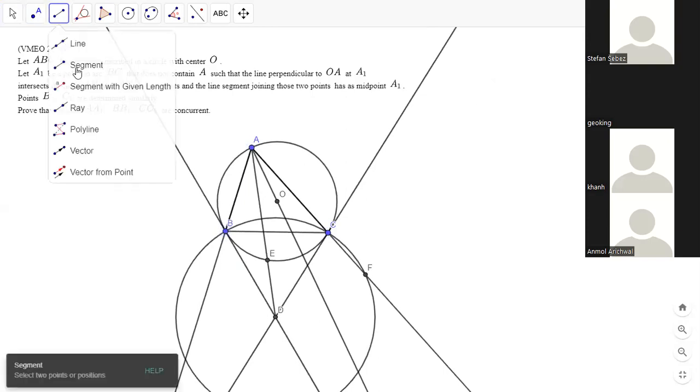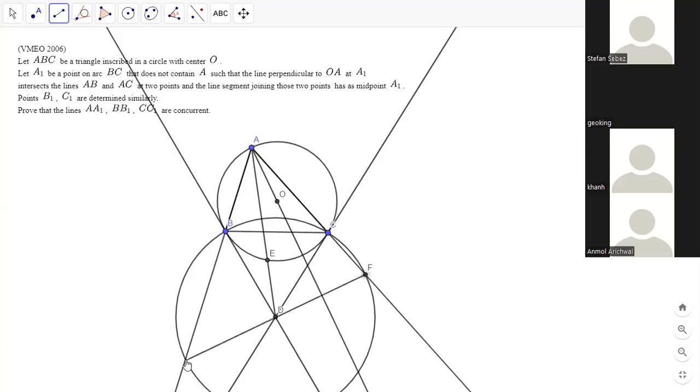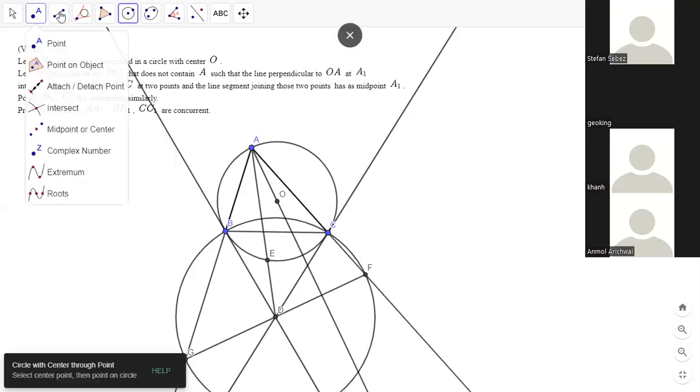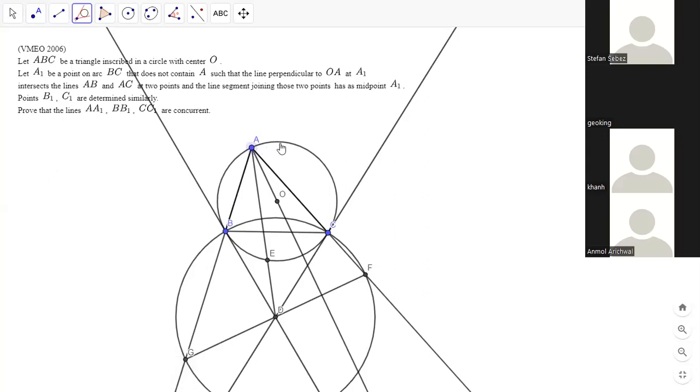And so, yeah. So basically, they just want to show that, okay, so then this problem's trivial because it's just saying that we want to show that it's just the Gergonne point of this triangle, right?